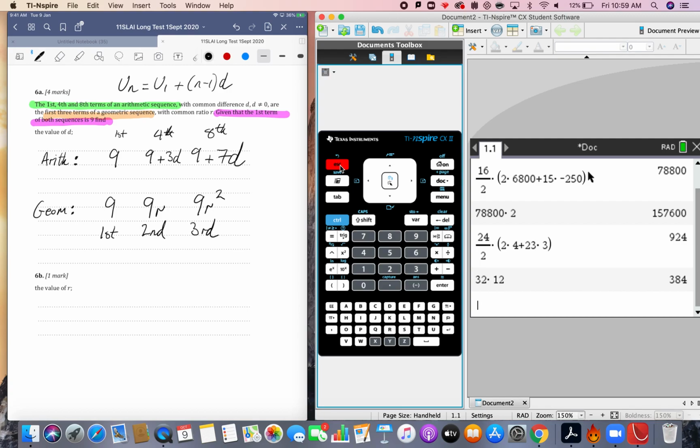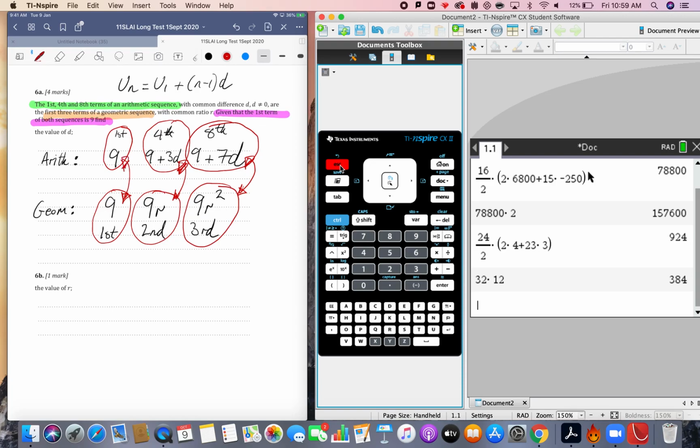And then I think we've got all the information we need, because it says the first, the fourth, and the eighth here form the first, the second, and the third here. So basically these expressions are actually equivalent to each other. So clearly 9 is equivalent to 9.